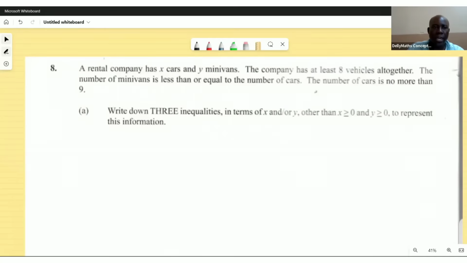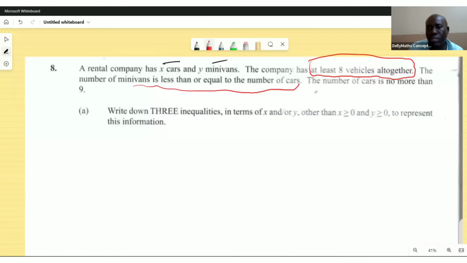This is number 8. It says a rental company has X cars and Y minivans. The company has at least 8 vehicles, so we want to make sure we circle that: at least 8 vehicles altogether. The number of minivans is less than or equal to the number of cars.